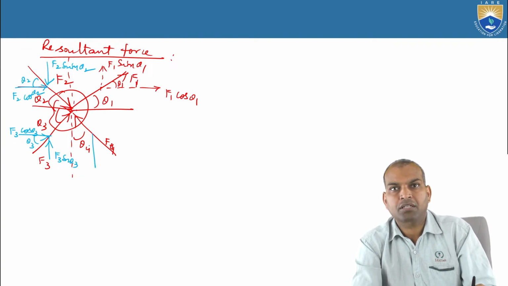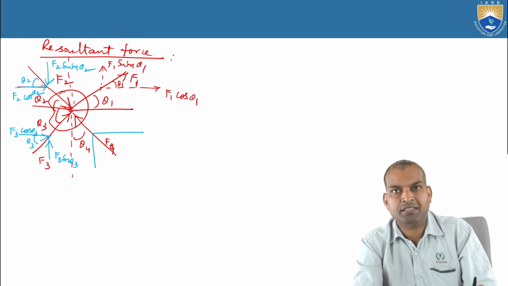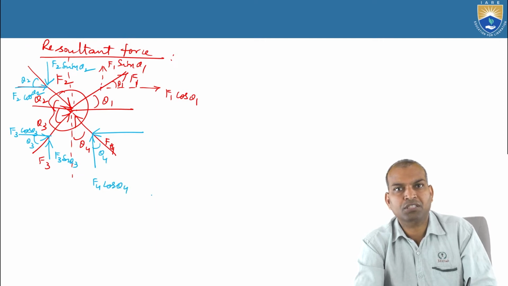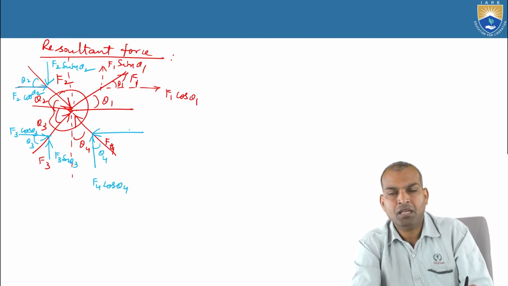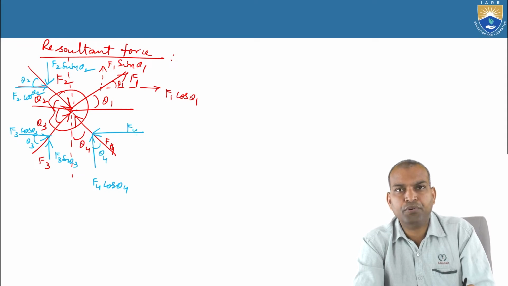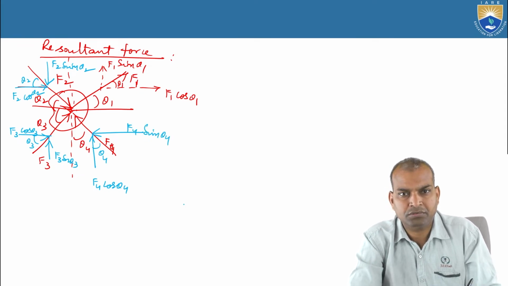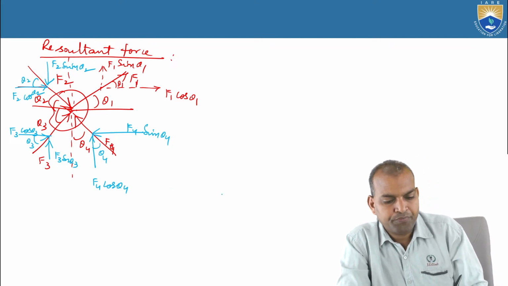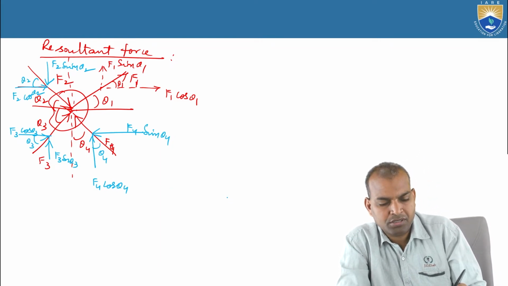Next, draw a horizontal line and a vertical line. The angle made here is theta 4. This is the vertical direction and this is the horizontal direction. Then F4 cos theta 4 is this component, and here it is F4 sin theta 4.